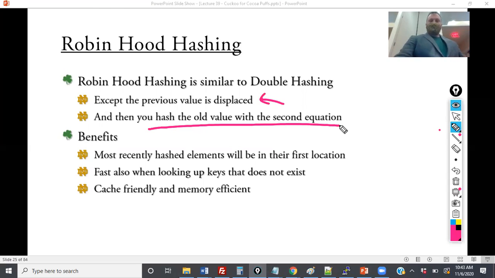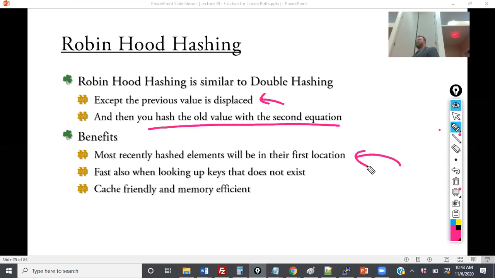So the benefits are, if we're trying to take advantage of temporal and spatial locality, which we briefly touched on when we were talking about splay trees: if we hash something, we tend to hash it again soon, or something close to it.